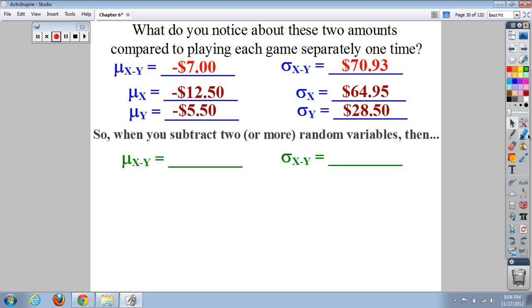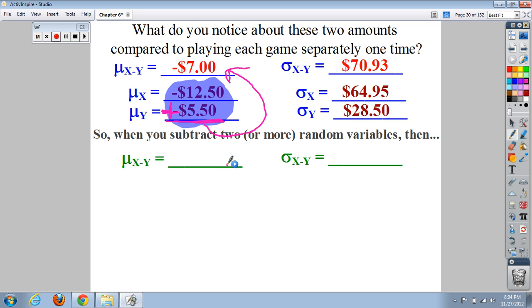So now, here again are the individual values for means and standard deviations for a game of Babbo and a game of Zambo. If I were to take these two numbers and subtract them, because that's basically what I'm saying here, if I were to take negative $12.50 and subtract a negative $5.50, well, I'm really adding $5.50, and guess what negative $12.50 plus $5.50 ends up being?